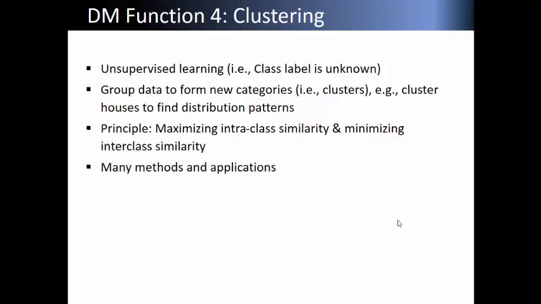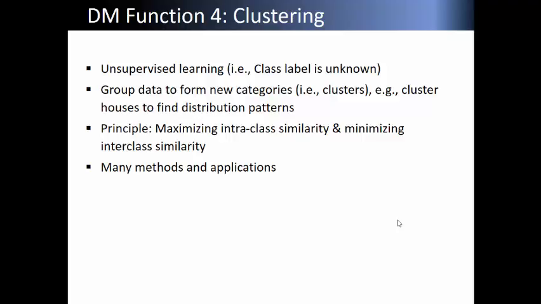We do not know. 2 divisions, say, good team, bad team. 10 divisions? I don't know, maybe northeast, northwest, or whatever. So it is not a predefined number of classes.